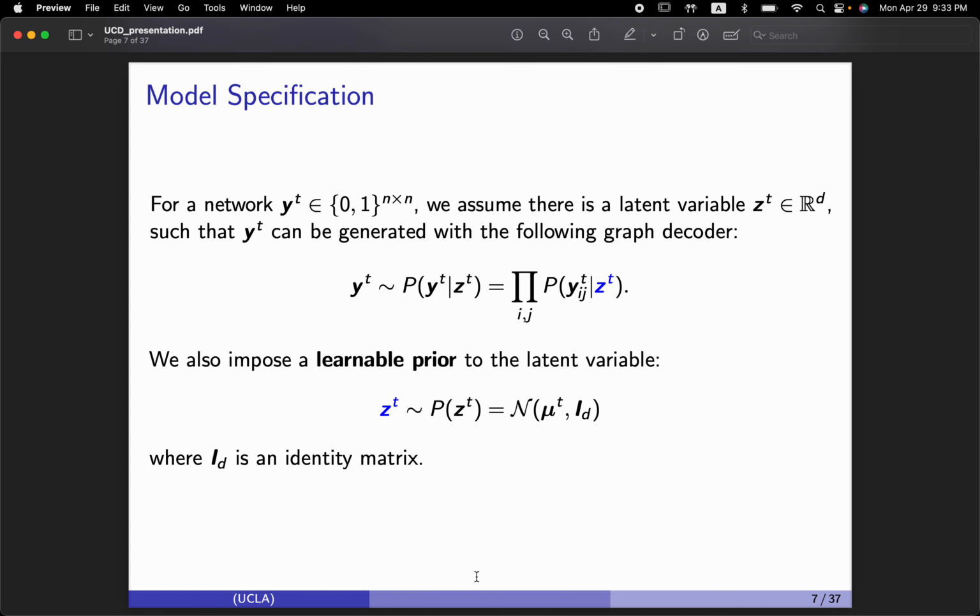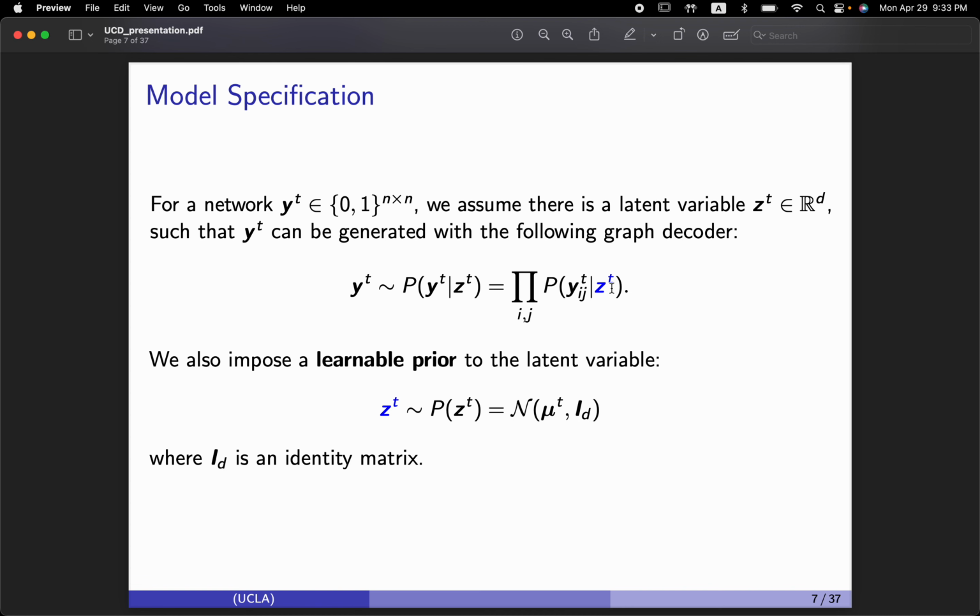For a network Y_t, we assume that there's a latent variable Z_t in R^d such that the network Y_t can be generated from the following decoder. We write it as Y_t following a distribution p(Y_t given Z_t).